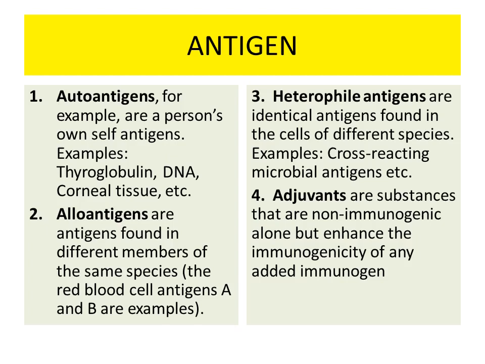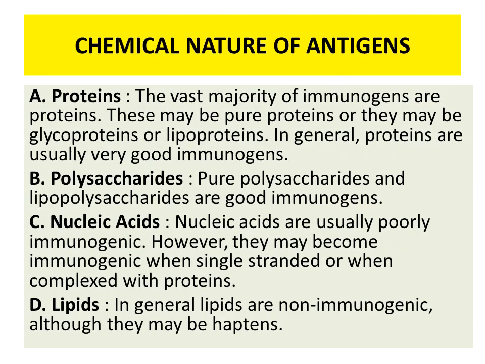These are known as alloantigens. Then heterophile antigens are identical antigens found in the cells of different species, for example, cross-reacting microbial antigens. Then adjuvants are substances which are non-immunogenic alone but enhance the immunogenicity of any added immunogen.